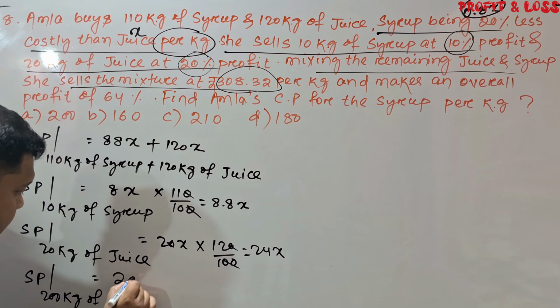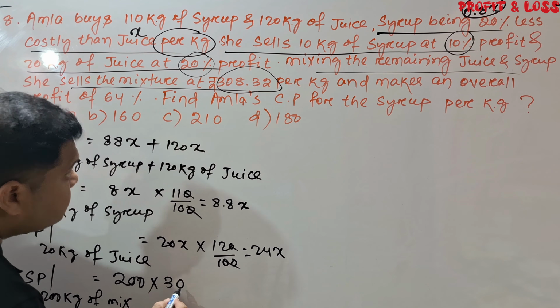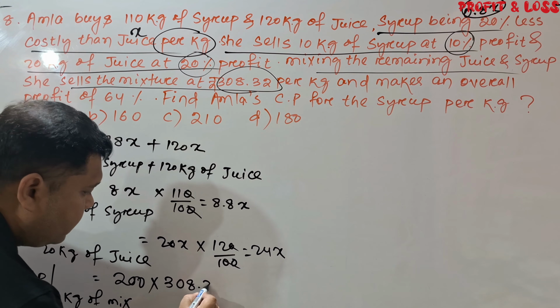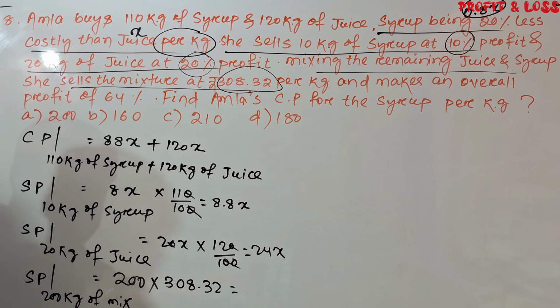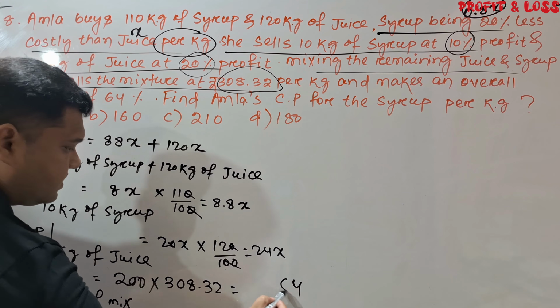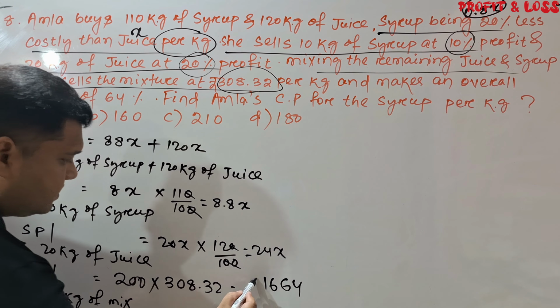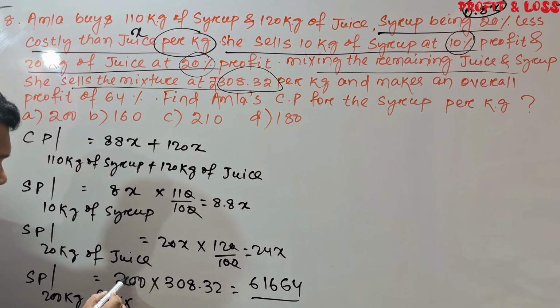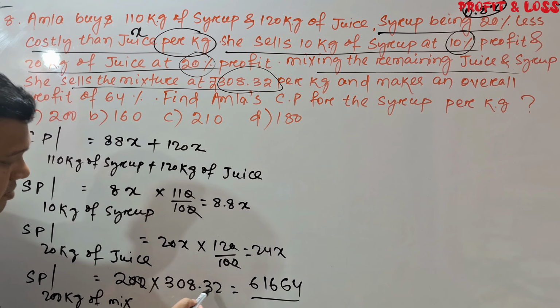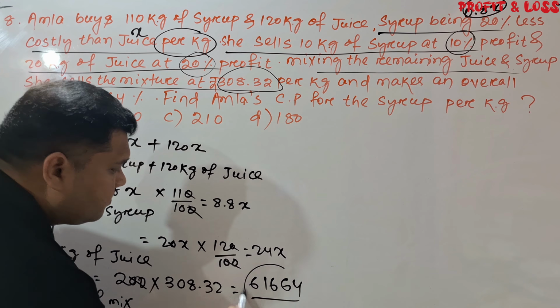Now 200, and per kg she sells at the price 308.32. So if I multiply, 2 into 2, this is 4. 2 into 3, this is 6. 8 into 2, 16. And this is 2 into 3, 6. And this is double 0. And this is a decimal. Because after the decimal 2 digits are there, they get cancelled. So this is my answer.